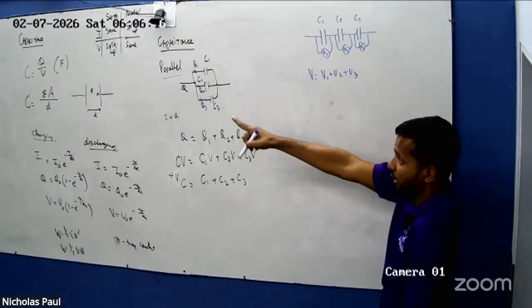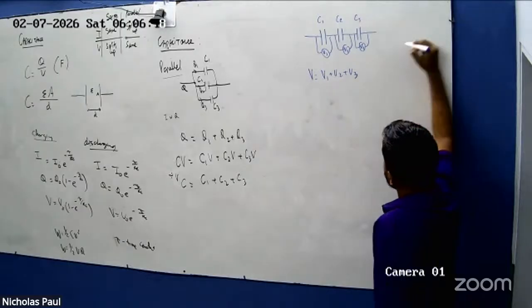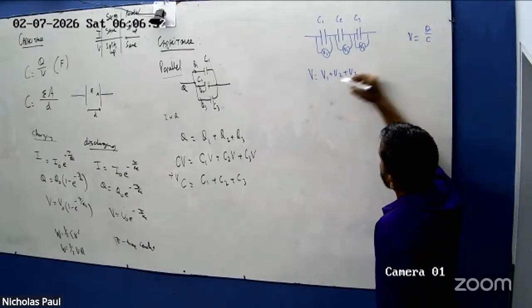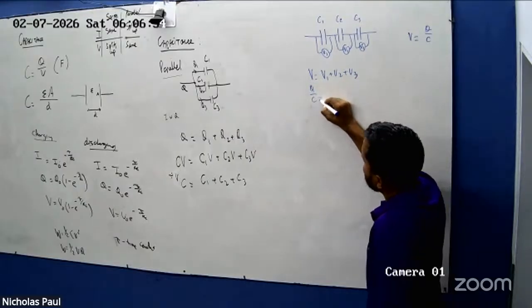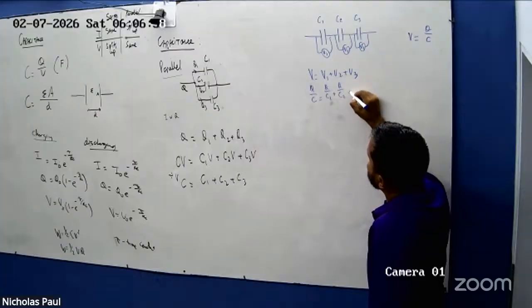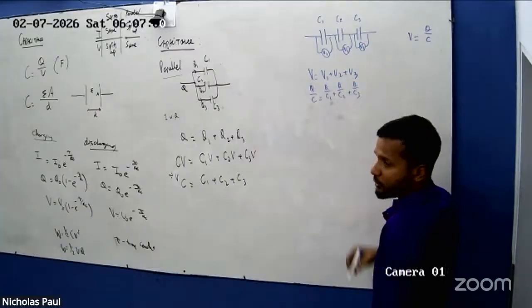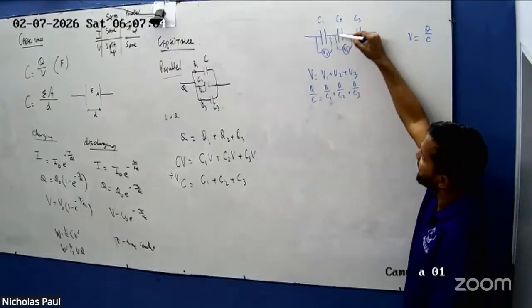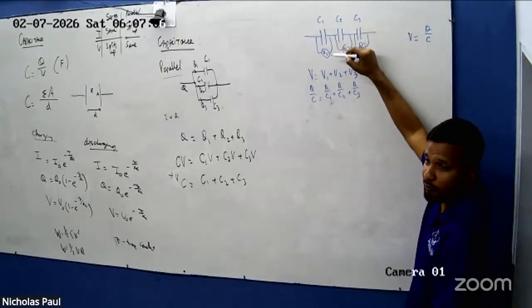If we rearrange that formula there, V is Q over C. So it's Q over C1 plus Q over C2 plus Q over C3, right? And the reason we leave Q the same is that the current is the same, or the charge is the same for each one. All right.